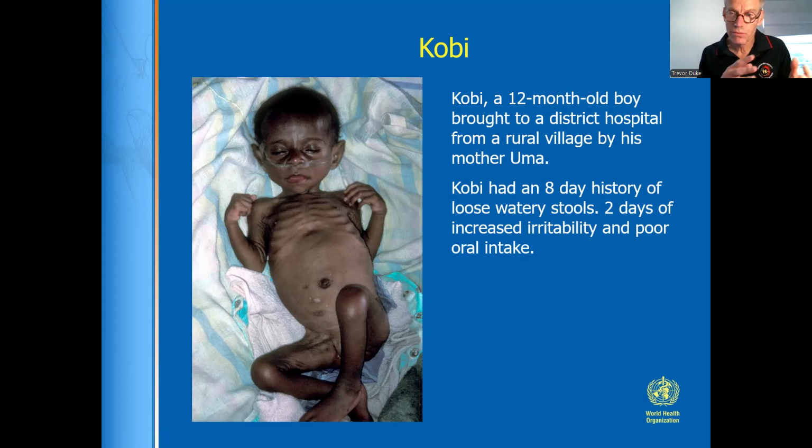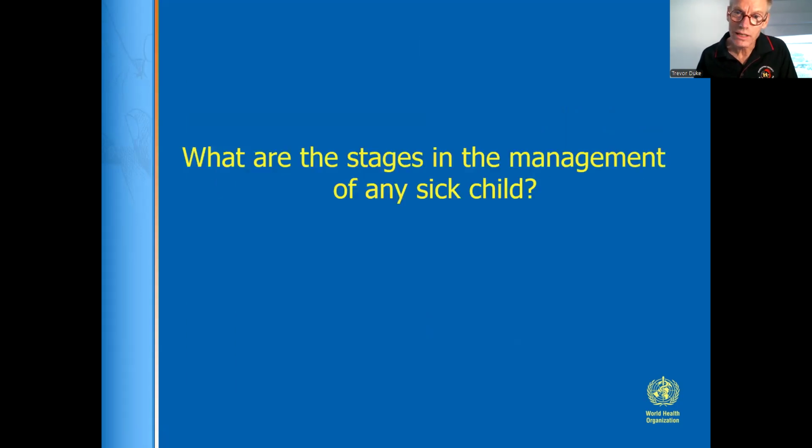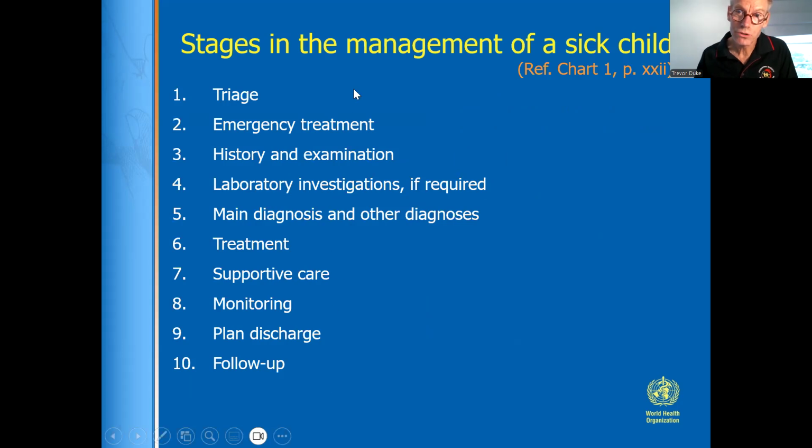Now, as we've been going through these teaching modules, we've learnt that it's important to have a systematic approach to the management of seriously ill children, and WHO has recommended an approach that has 10 stages of management. Those 10 stages of management in any sick child include triage.